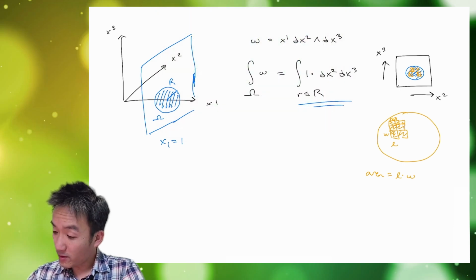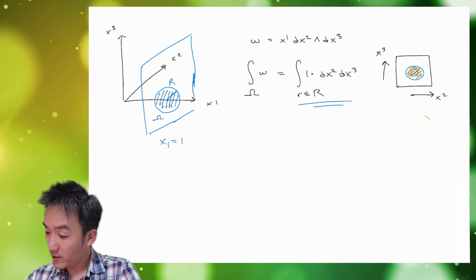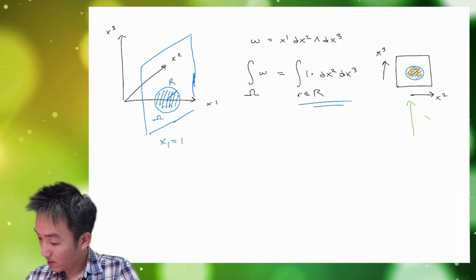In polar coordinates, okay, so let me erase this. The point is that in polar coordinates, this map is now, let's call it phi.